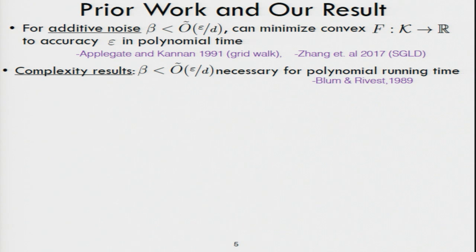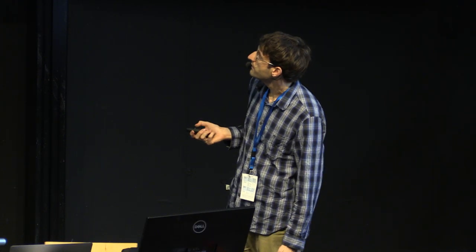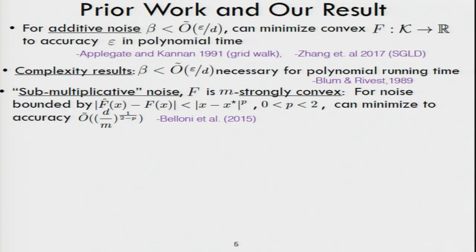It turns out that this upper bound on the noise level is actually necessary to get polynomial running time bounds. This complexity result was proven by Blum and Rivest. All of this was for additive noise. So what about multiplicative noise?